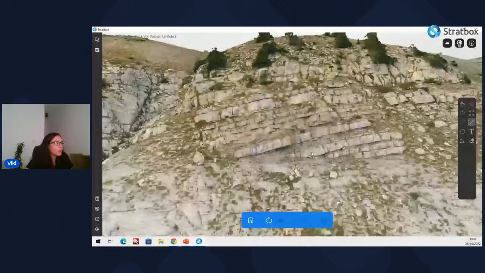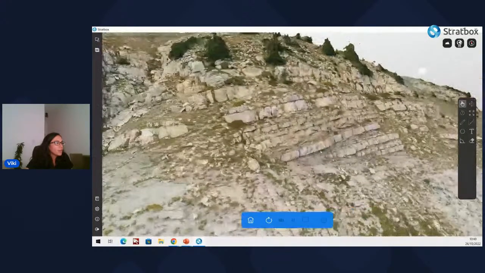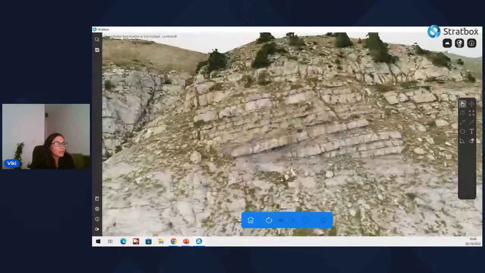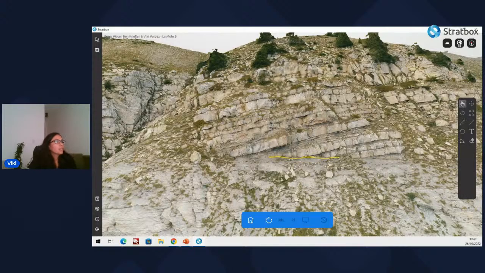and we trace the model, we can see this nice onlap in here. We can see, just let me grab a pencil. We can see here the onlap surface and how this thick sandstone, which is about 1.6 meters, something like that, thins toward the left and pinches out.